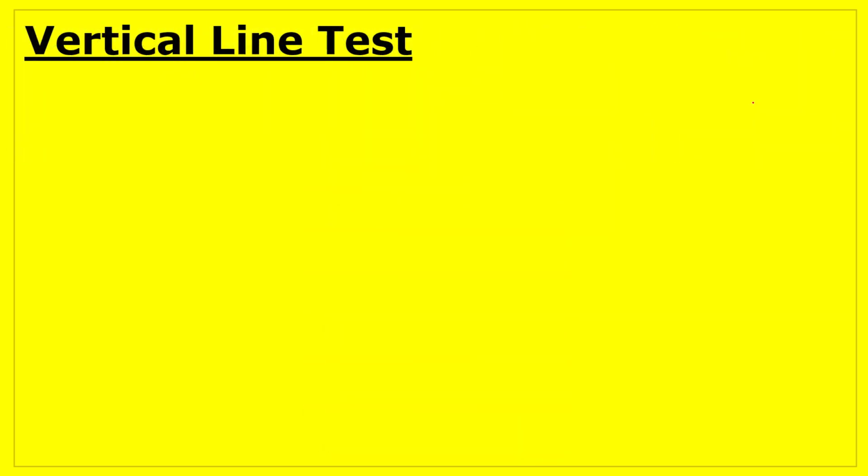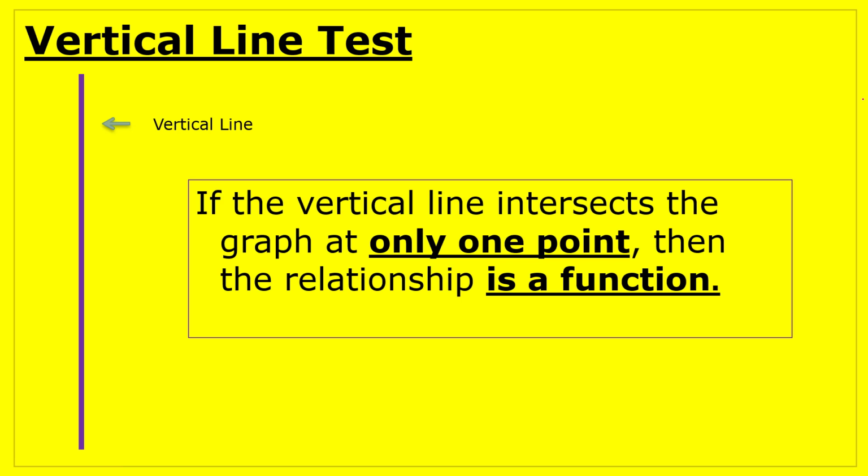We use the vertical line test as our quick way to observe whether or not something is a function. So, if the vertical line can go through the graph in more than one place, it's not a function. If the vertical line intersects the graph at only one location, then the relationship is a function.